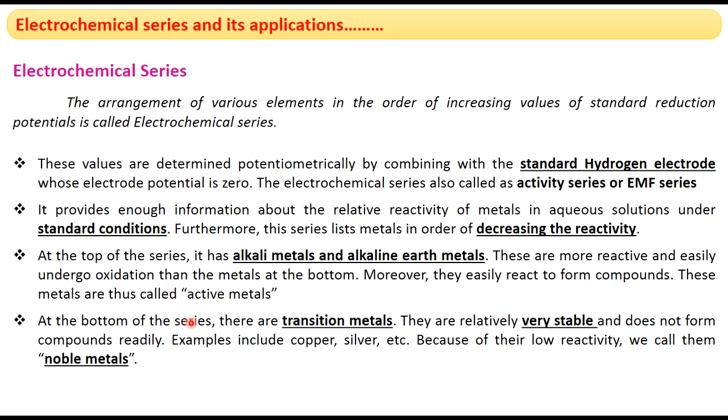At the bottom of the series, we have transition metals, as their reactivity is low compared to the alkali and alkaline earth metals. These are very stable and do not form compounds readily. They are called noble metals, placed at the bottom of the series, below hydrogen, as they have low reactivity.